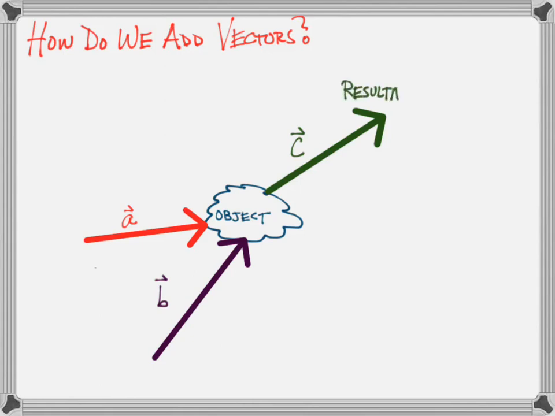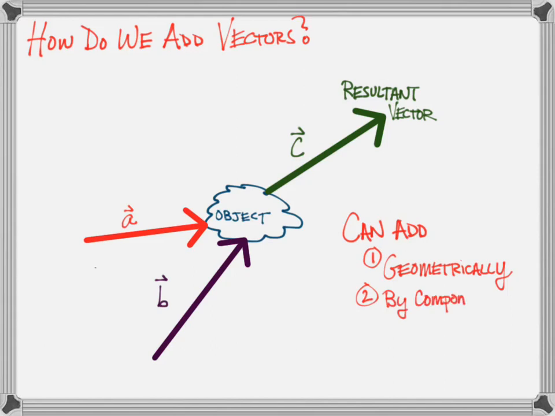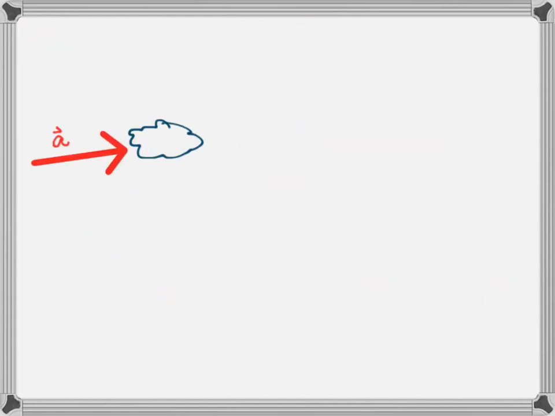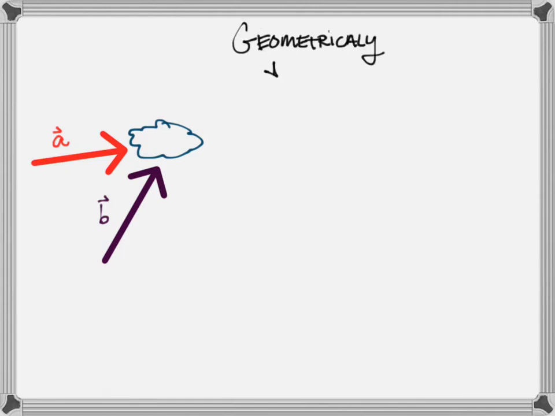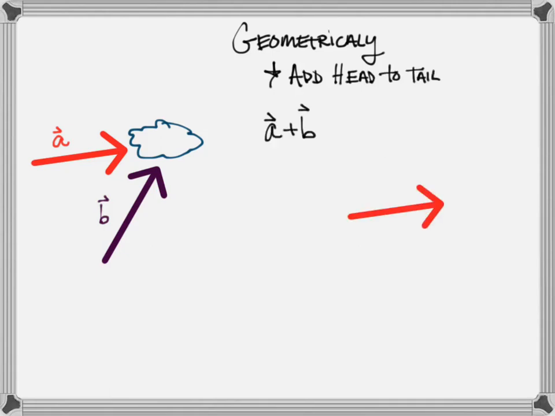One way that we would do this is to construct our addition. Looking at it geometrically, we're going to talk about constructing a parallelogram or looking at components as well. So one way to do that, there's my a and my b. To do it geometrically, what I would add is head to tail. So I'd take a plus b, there's a, there's b, and then the resultant is over there, that's c.